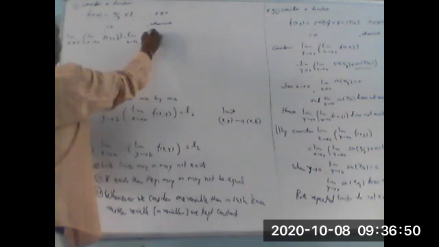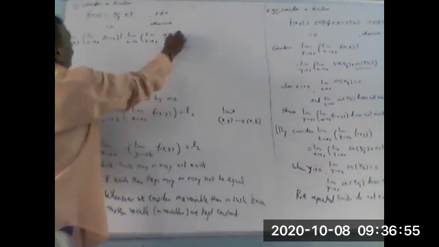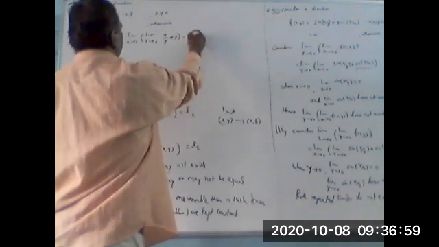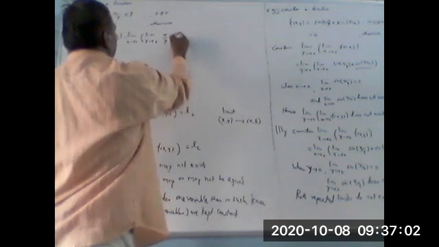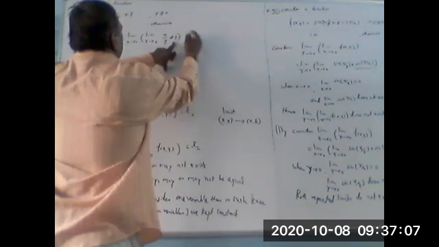Then in this case, limit x tends to 0 of limit y tends to 0 of f of xy is limit x tends to 0 of limit y tends to 0 of x by y plus 1. Here, this does not exist.